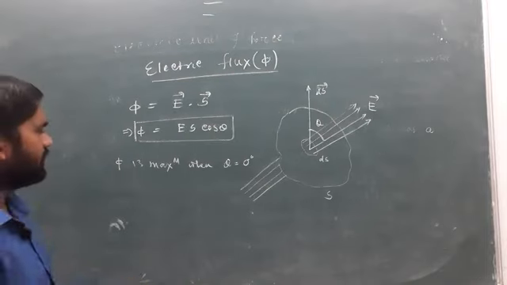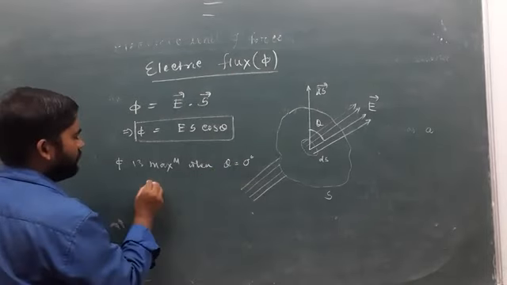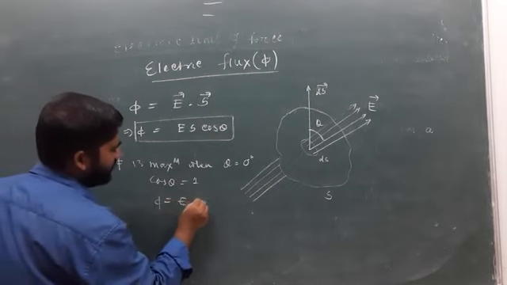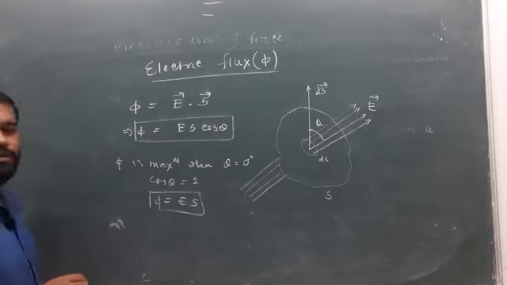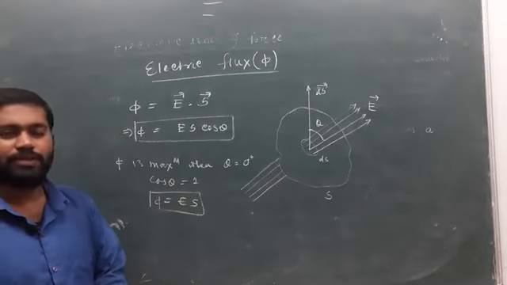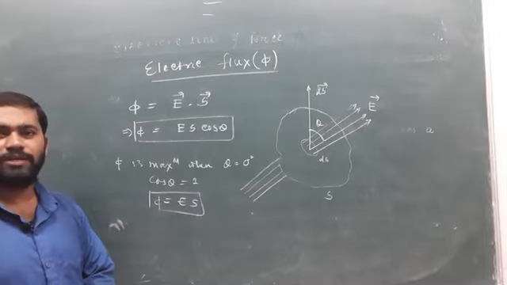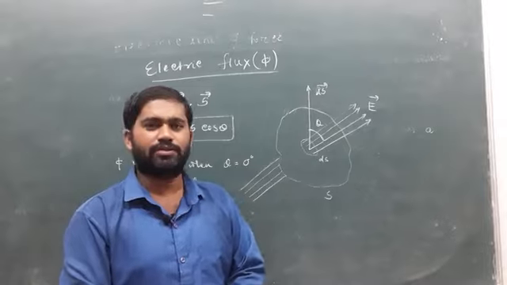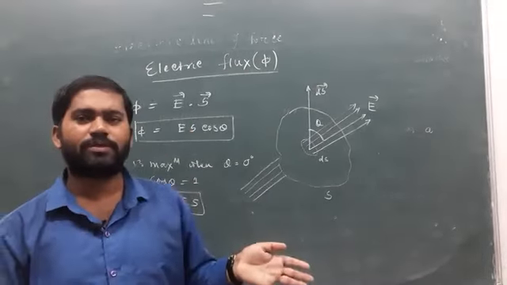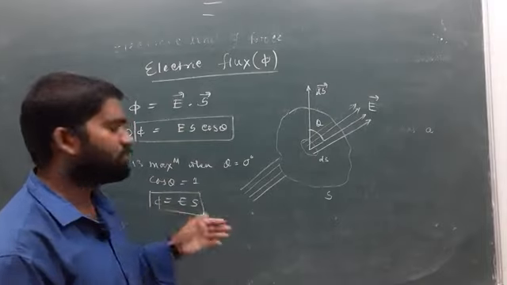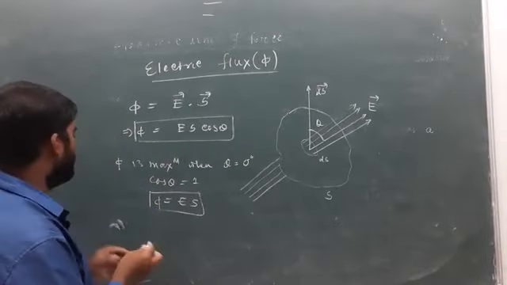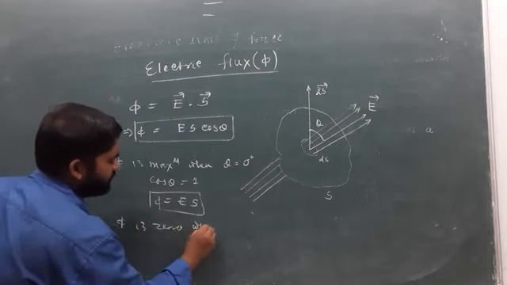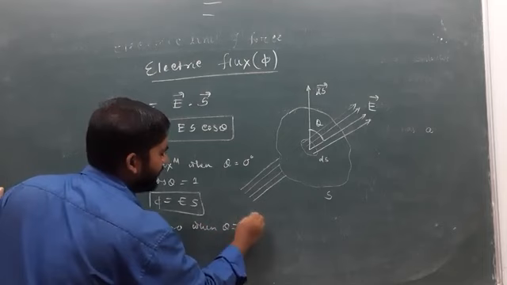Phi is maximum because when theta is 0, cos theta is 1, and in such a case we obtain phi equals E S. So we obtain maximum flux if the surface vector and the electric field lines are parallel to each other. And phi is 0 when theta equals 90 degrees.